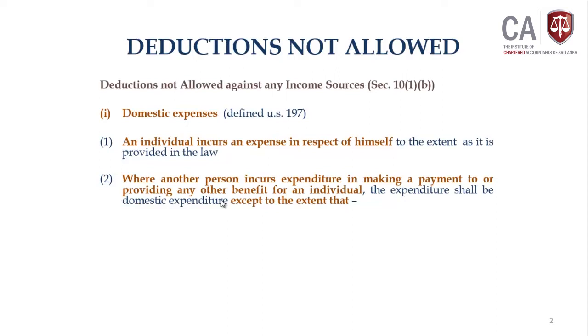So, item 1 of the definition is basically for a proprietorship business or individual business. It says if an individual incurs expenses on his own for himself, those expenses are domestic expenses. So, that is basically relevant for individual taxation.